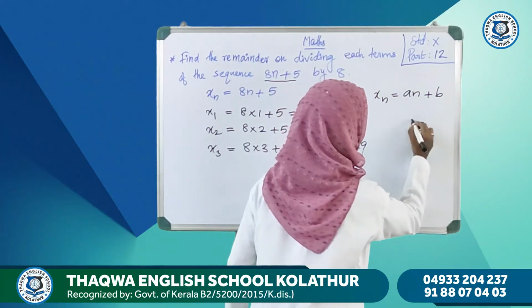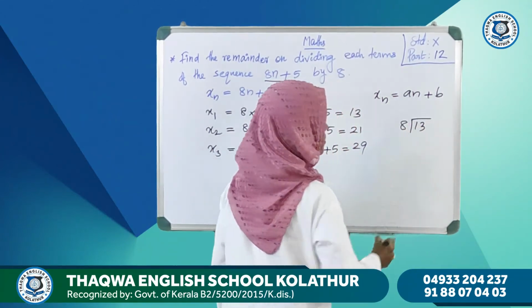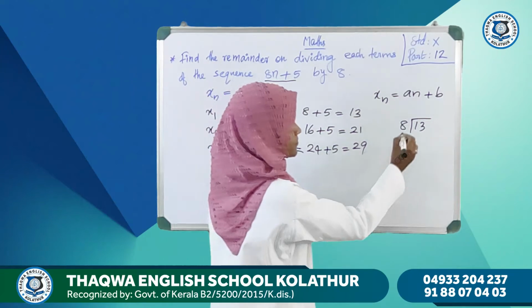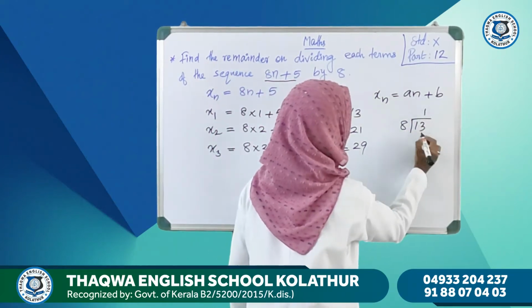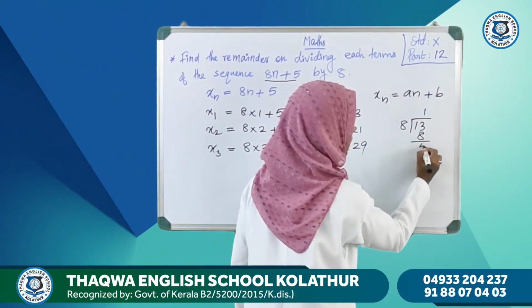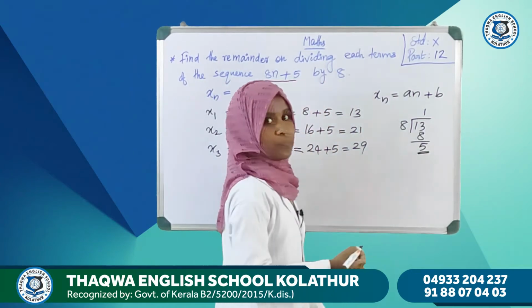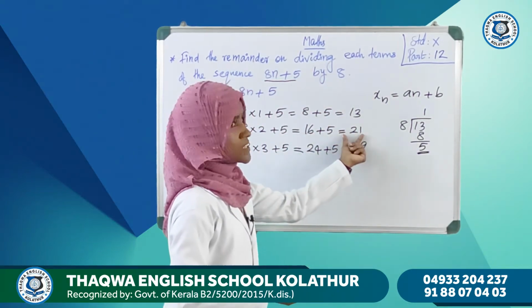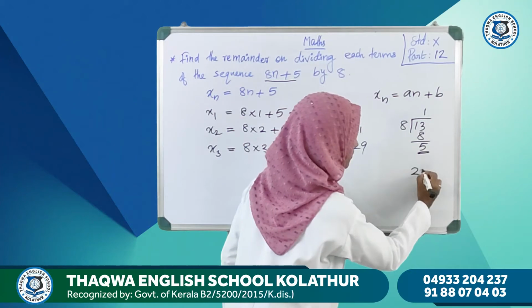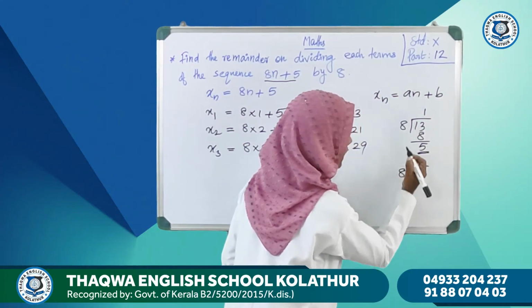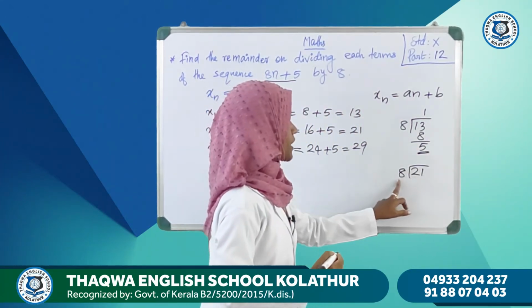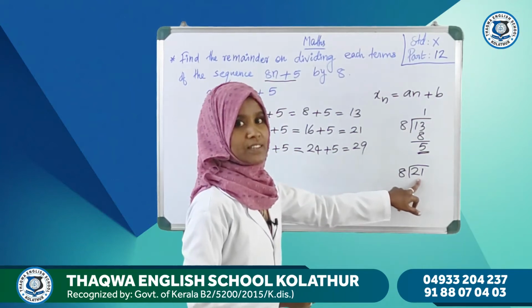Now let us divide 13 by 8. What we get? 1 into 8, 8. The remainder is 5. Let us take the second term 21. 21 by 8. How many 8s are there in 21?